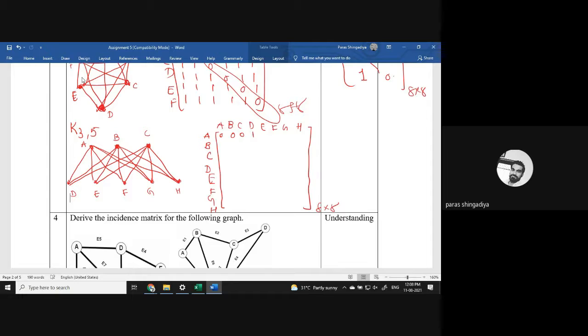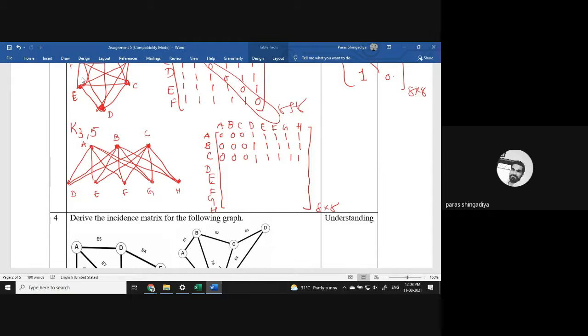Clear? A is connected with D, E, F, G, and H, and that repeats for the second row. B is not connected with A, B, C, but B is connected with D, E, F, G, and H. Clear? That is the second row. And now the third row is also the same. So C is not connected internally. C जो है A के साथ भी connect नहीं है, B के साथ भी connect नहीं है, but C is connected with all the 5 vertices. Clear? So that is for these 3 vertices.